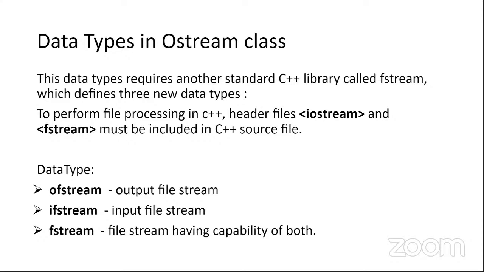And ifstream, this data type represents the input file stream and is used to read information from files. And fstream, this data type represents the file stream generally and has the capabilities of both ofstream and ifstream, which means it can create files, write information to files, and read information from files.